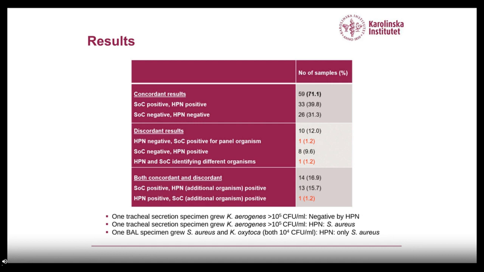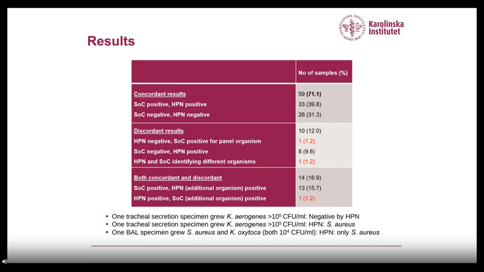And then we can see for the discordant results that we had a few cases where we found negative with HPN and positive for standard of care, or there were the other way around where we had standard of care which was negative and HPN positive, and then sometimes they were not exactly identifying the same microorganisms, but those were very few occasions.